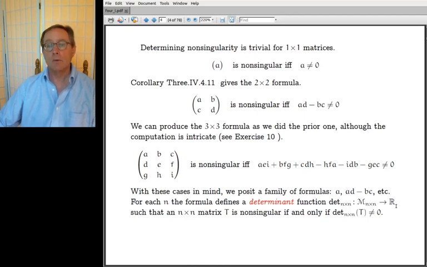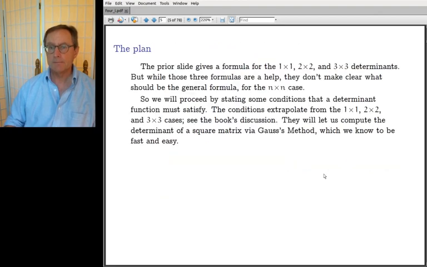And then we say to ourselves, in what way does it determine non-singularity? Well, the matrix is non-singular if and only if the determinant is not 0. So we're thinking that the pattern shown here, the 1, 2, 3 pattern, would continue for all n. And in fact, it will continue for all n, but it isn't perfectly clear what the pattern is.